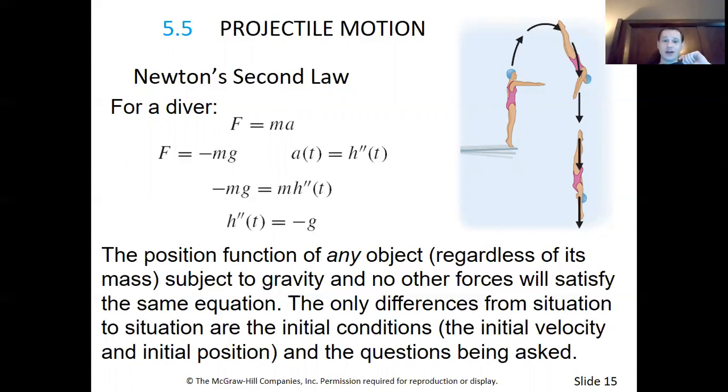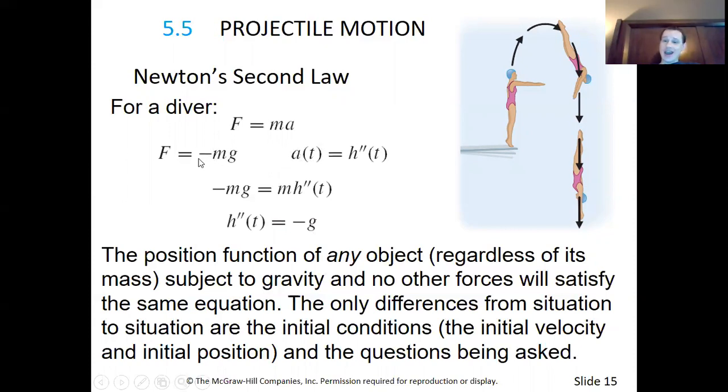If you multiply both sides of this equation by m, on this side you get ma, mass times acceleration. On this side, you get mass times the second derivative of h, your position. Force equals ma, so if this side is ma, it's just F. Well, what's F?